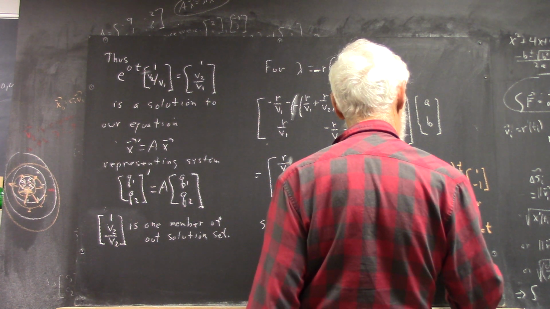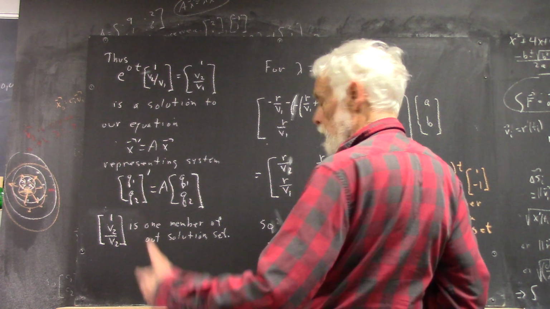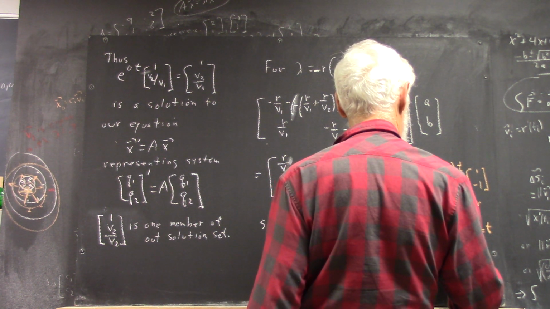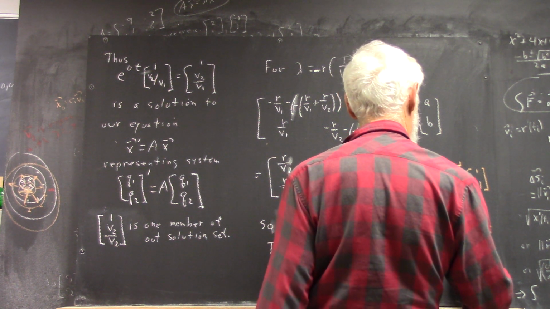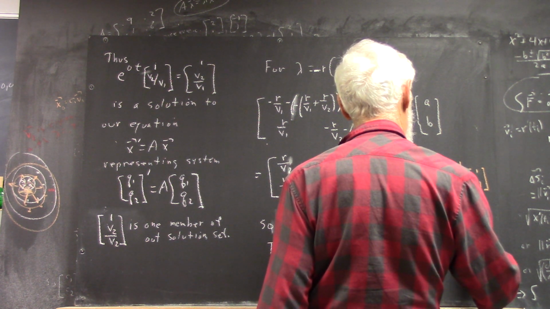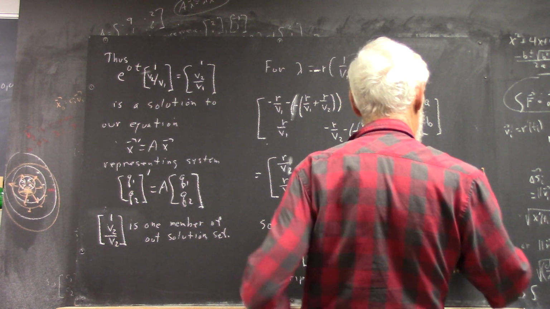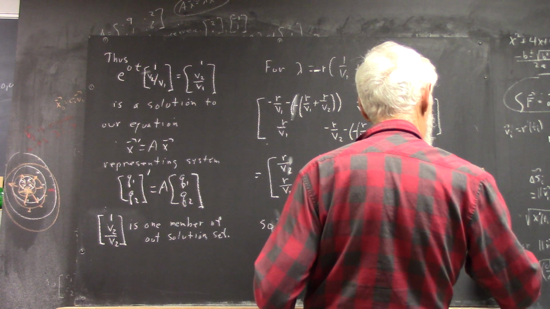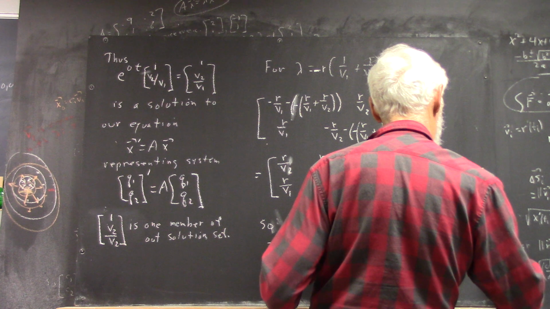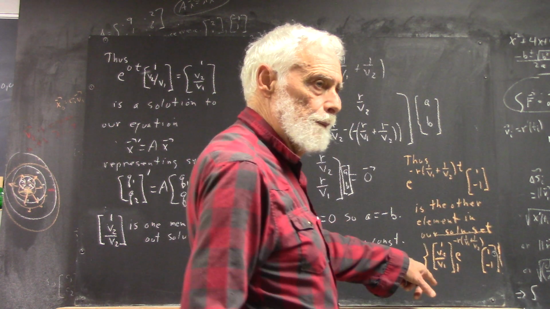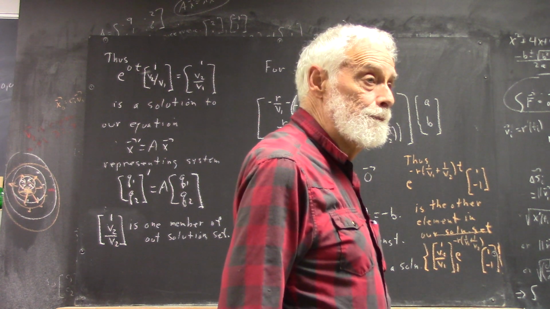And our solution set is then just 1, v2 over v1, and e to the -r times 1 over v1 plus 1 over v2, written a little small, but it's the same thing we've got here, times 1, -1. That's our solution set. All the solutions of this equation are linear combinations of these.